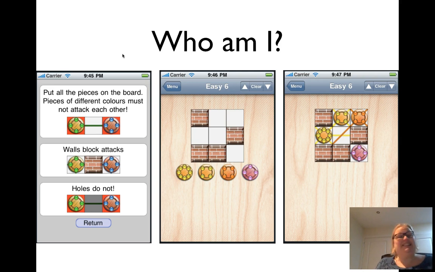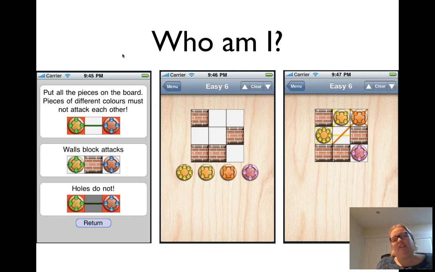So this is a game I designed for an AI project a number of years ago and coded. What is really interesting about this game is every single level is designed automatically by an artificial intelligence. And also, the artificial intelligence decides how difficult the level is automatically. So you can see this level is called Easy 6.